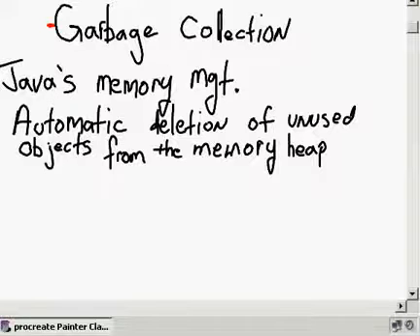Now, we have some influence, though, and that is we can set an object equal to null. So we could say myemp equals null, let's say when we're done using it. And what's important to understand is when I set myemp equal to null, I am not explicitly causing garbage collection to happen.